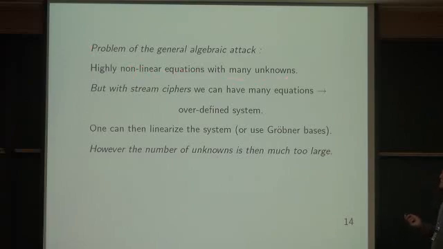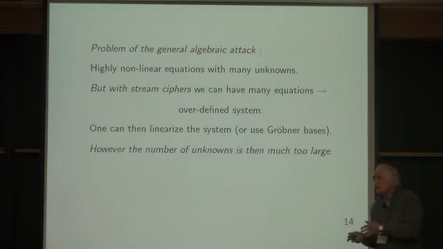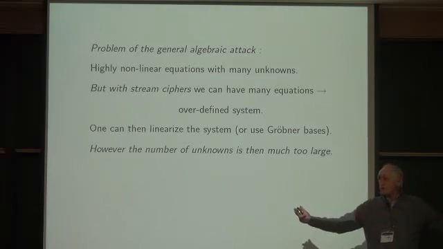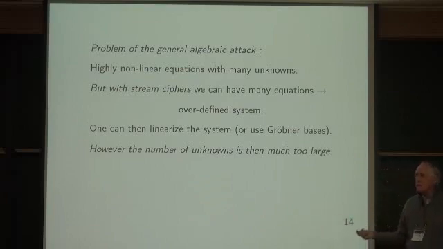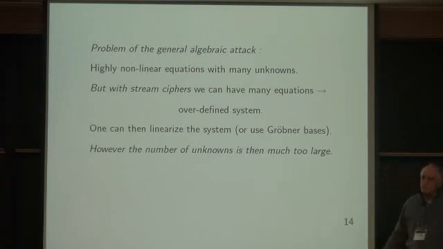But there is a particularity of stream ciphers: you can get many more equations than there are unknowns. You can assume that you have not only 128 equations, but maybe twice or 10 times more. Of course, the attack is considered weaker if the attacker is supposed to have access to a large number of SIs, but if the attack is efficient when taking 1,000 SIs, the crypto system is broken.